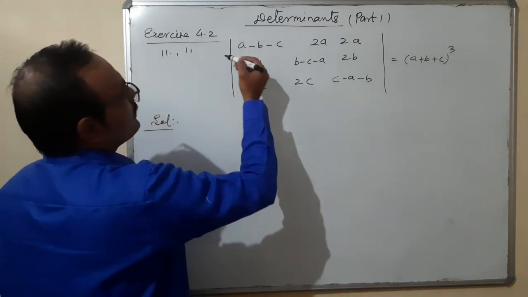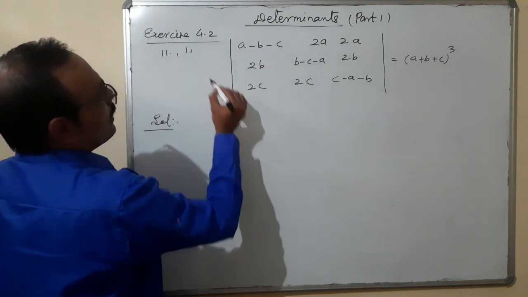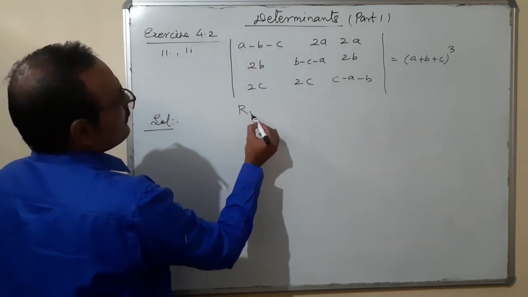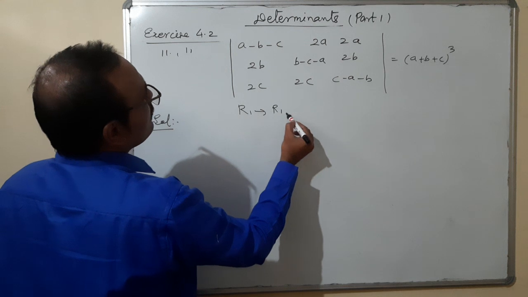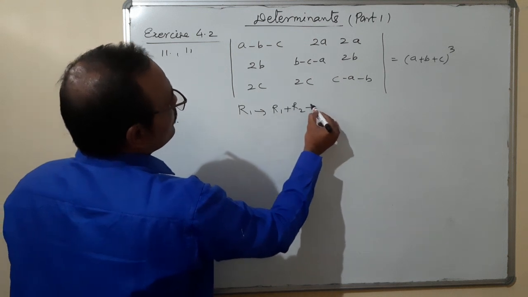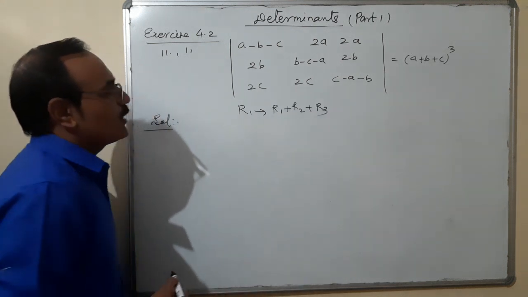So what does it mean? I can do one thing: R1 is replaced by R1 plus R2 plus R3. If I do it, then what happens?